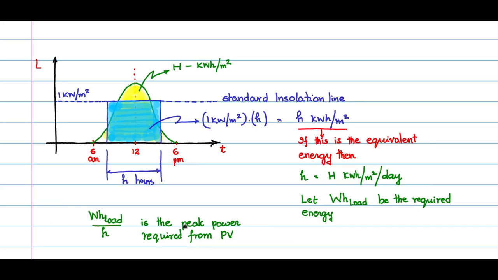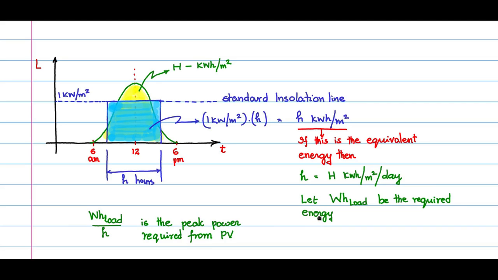Now that would form the basis for you to select a PV panel with this peak power requirement. Now with data sheets and series parallel connection, you can choose the number of panels that are needed for series connections and parallel connections. So in this way you can arrive at the size of the panel.